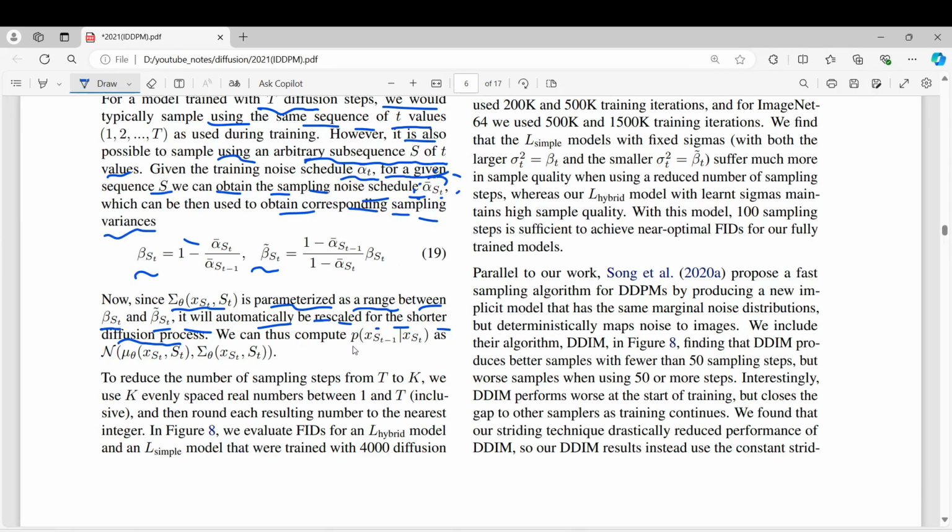They will automatically rescale for the shorter diffusion process, and they will calculate this quantity and sample x of s_{i-1} from this Gaussian distribution which has this mean and this variance.